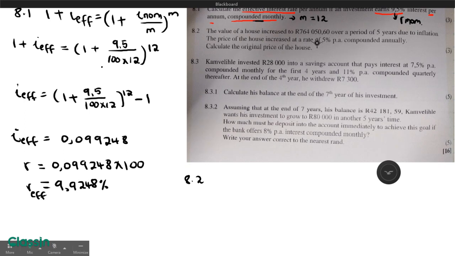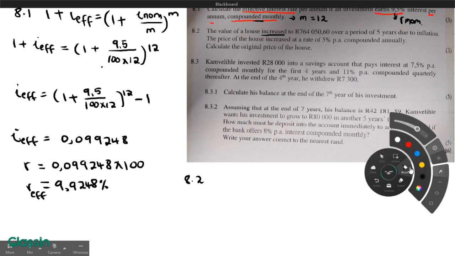Now it says that the value of the house increased. Immediately when you see the term increase, it means that we are going to add. And it also says due to inflation, so every time the term increase goes along with inflation.